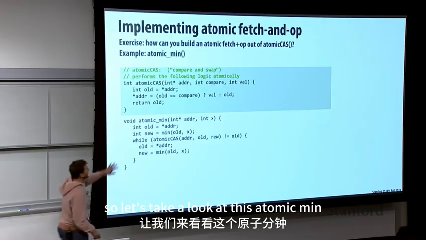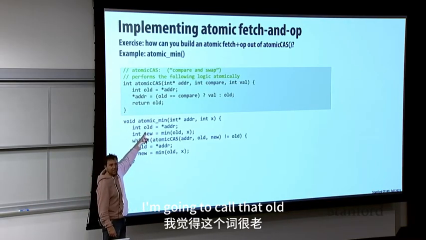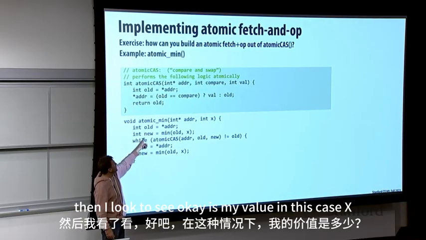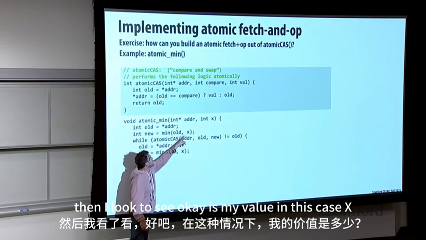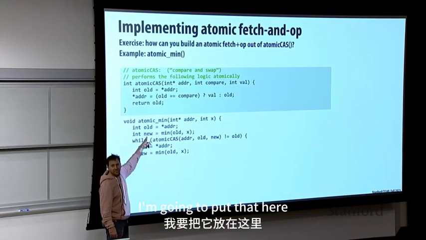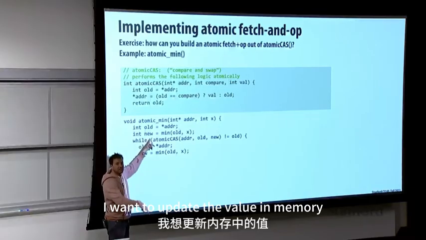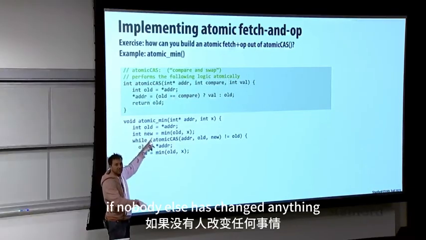So let's take a look at this. Atomic min: I read the current value out of memory. I'm going to call that old. Then I look to see, okay, is my value, in this case x, smaller than old? I'm going to put that here. And then I want to update the value in memory if nobody else has changed anything.